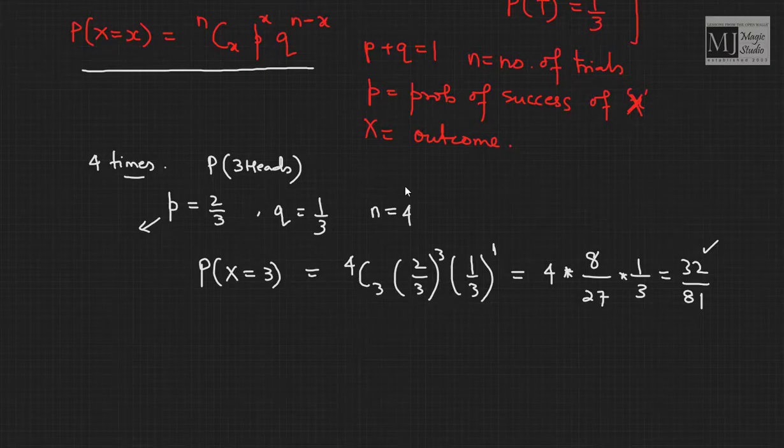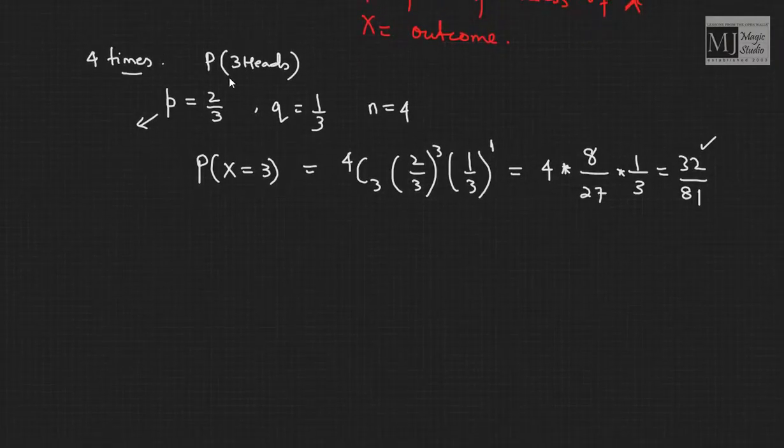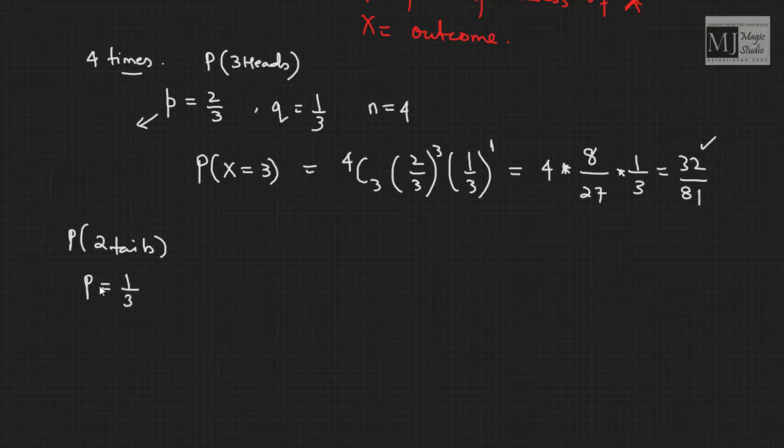अगर अभी इसी सम में यही particular question में आपसे पूछा जाता, find the probability of getting 2 tails. Then in this case, I would have taken P equals to 1 by 3 because my probability is concerned with tails.